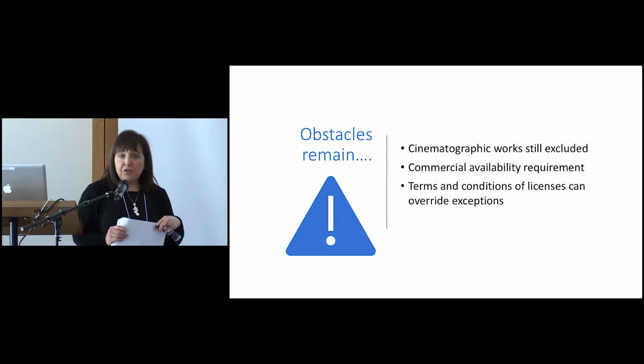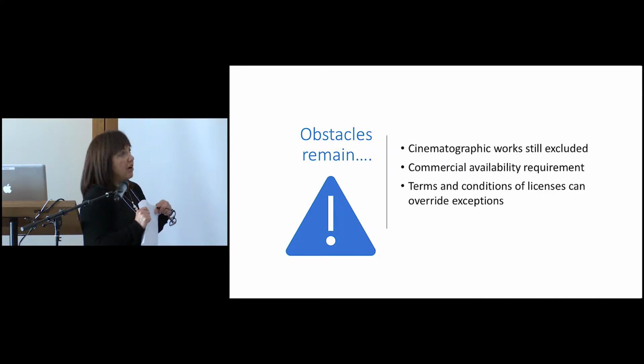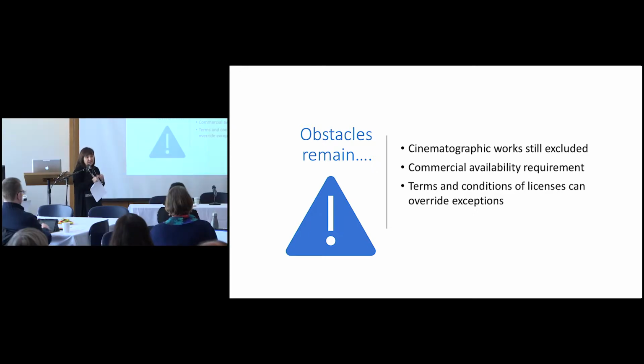Unfortunately, some obstacles remain. Victoria talked about some of them this morning. Cinematographic works are still excluded. The commercial availability requirement is still there. It needn't be interpreted restrictively, but it's still something that I think people find onerous, and it would be nicer if it wasn't there.